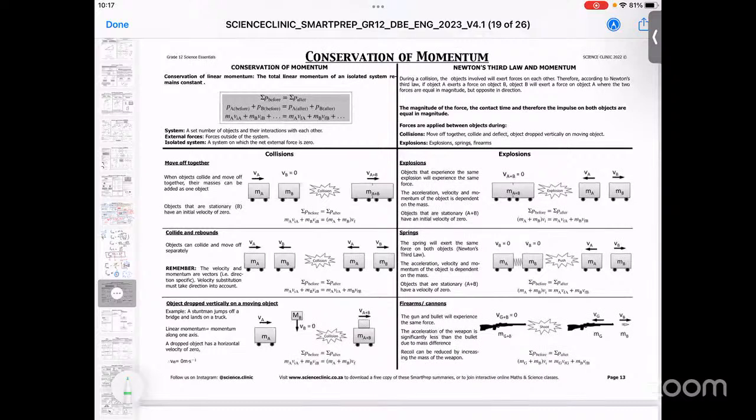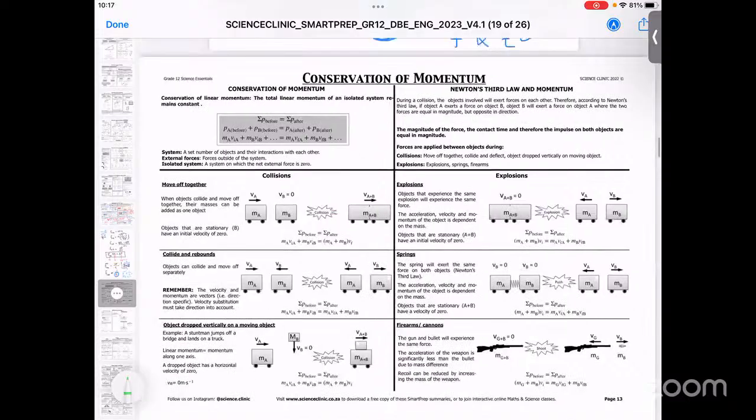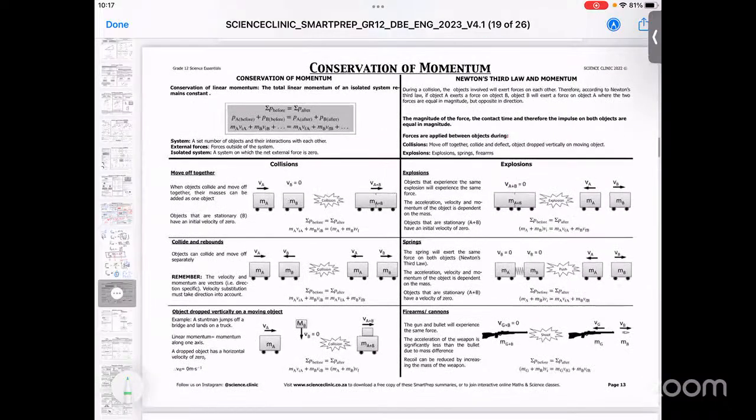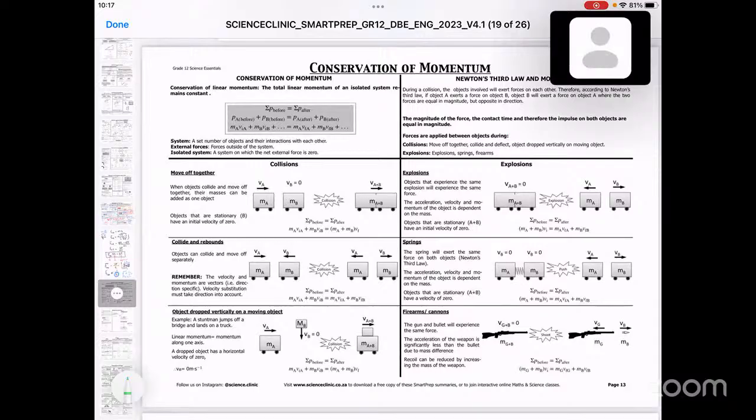Once this part is done, we should be ready to get started with some exam type questions, where we look at how questions are asked and how you are expected to answer them.